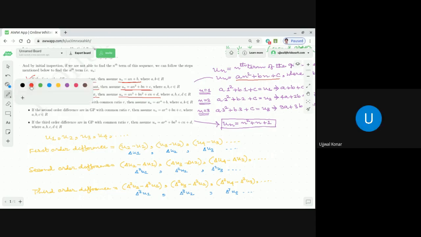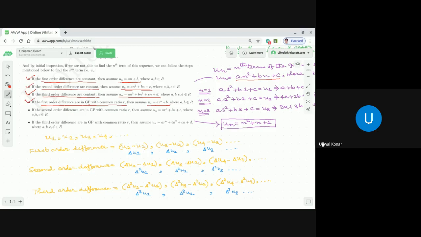So that is done with the first three. Now, if none of these first three is working, meaning we do not find the first order difference constant, or the second order difference constant, or the third order difference constant, then what we should do, students, is check whether the first order differences are in GP or not. If the first order differences are in GP with common ratio r, then we will assume the nth term is equal to a r to the power n plus b.